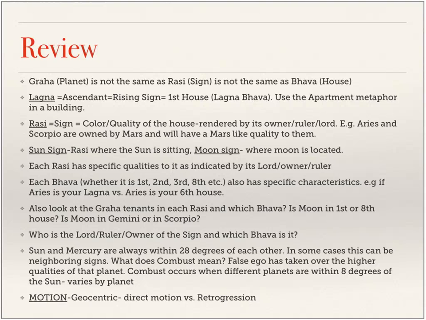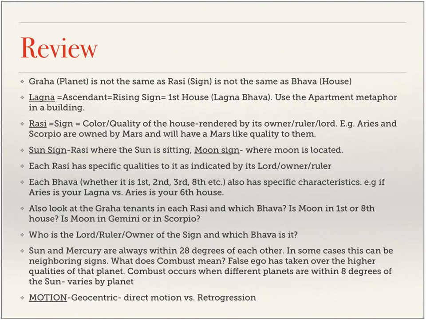So remember, we are geocentric. We're on the planet Earth looking up at the skies. And so the planets are not literally going backwards, but from our standpoint on Earth, it appears as though the planet is going backwards. Well, what does that mean when a planet goes retrograde or is in retrogression? That means that the effect and the influence of that planet has just strengthened and has increased in its effect, right?